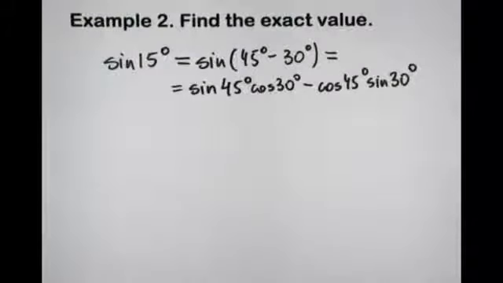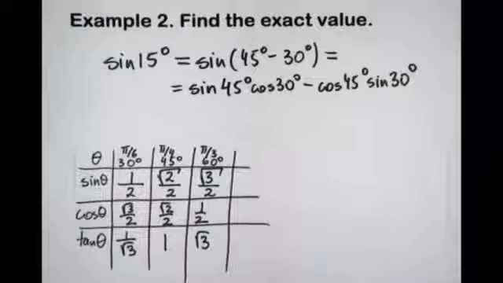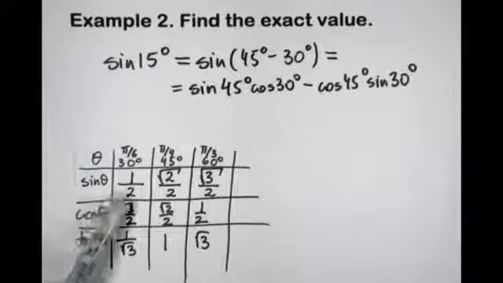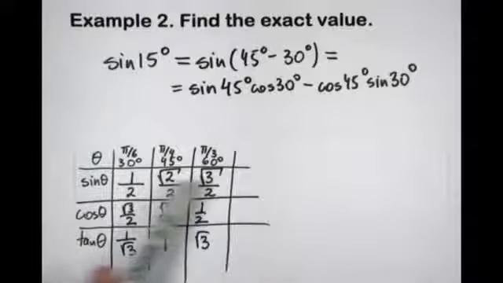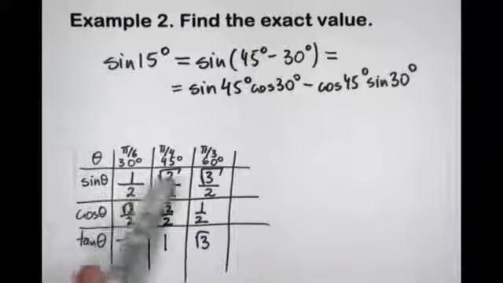Then we need to use the chart with exact values. Everyone should be able to make it. Just a reminder that sine theta was everything over 2. On top is 1, 2, 3, which is root of 1 is 1, root of 2, root of 3.